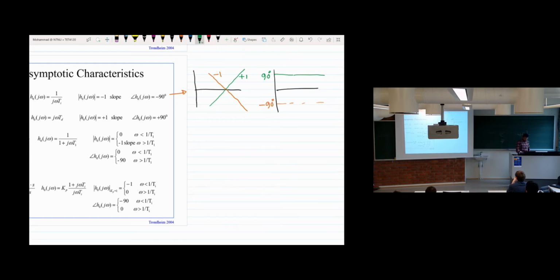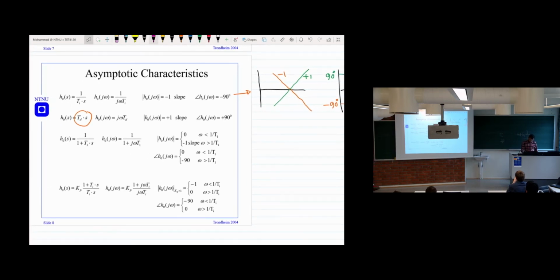And then what about the low pass filter? We have this low pass filter, and how does it look like? So now if we put S equals to j omega for the low pass filter, you'll see that for low frequency, it is 1/1 because T1 multiplied with j omega is very small, then it's only 1.